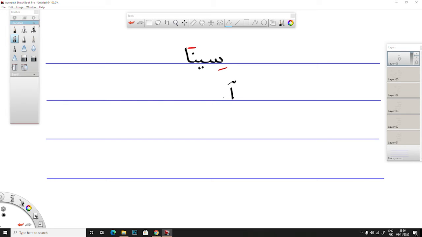Asia. The next one is Dorata, or it could be written like this, with ta marbuta at the last of it.